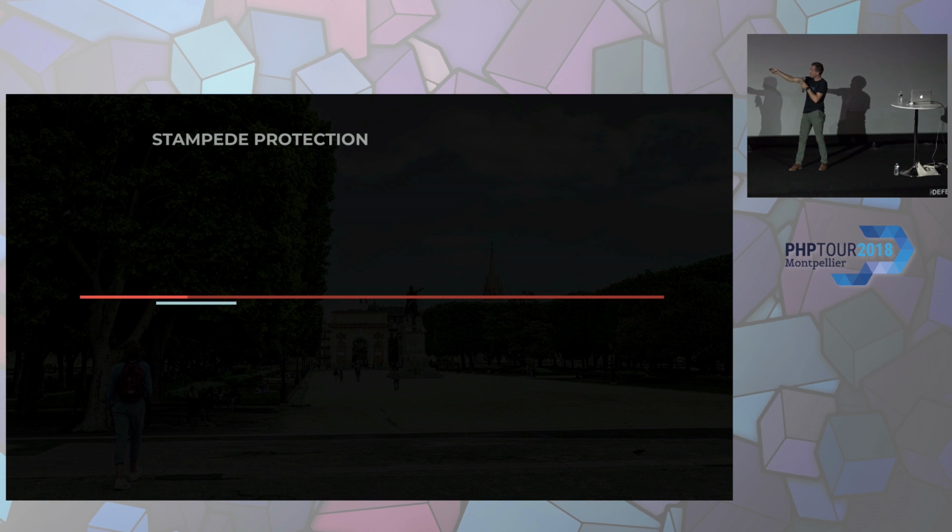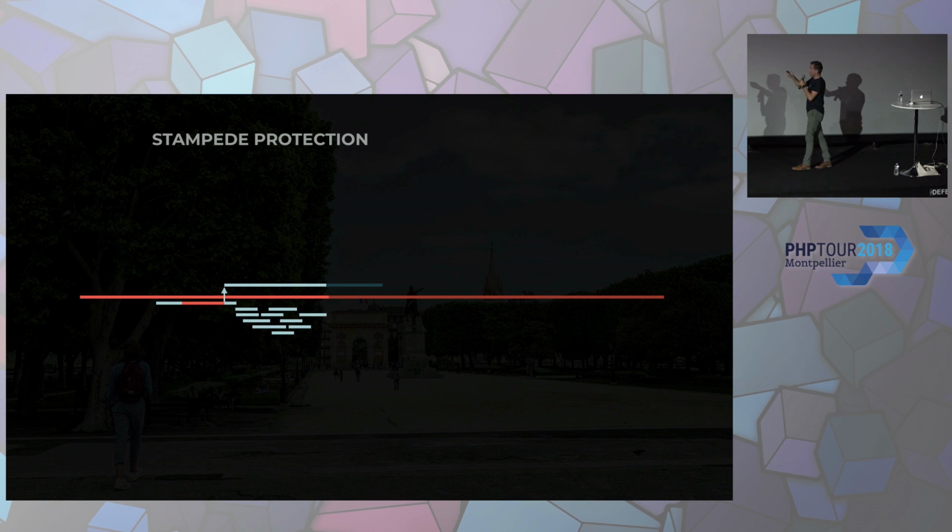There's an incoming request, and it's pretty slow, so it's going to do a long-running process, or a slow database call, for example. And then it's going to store the result at the end of that slow process. It's going to store the result, and it's going to set a TTL. But the TTL is kind of split in two parts.